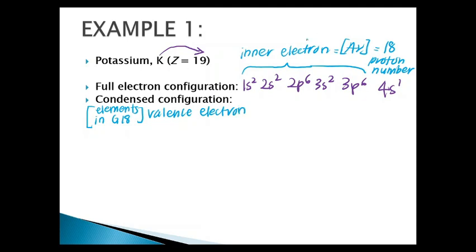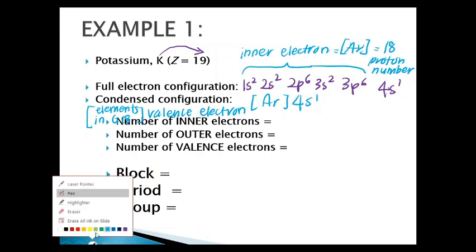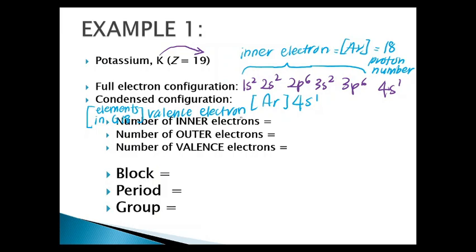For potassium, the inner electrons can be condensed as argon, so bracket Ar and write the valence electron, 4s1. The number of inner electrons is 18, and the number of outer electrons is 1, and the number of valence electrons is 1 as well.